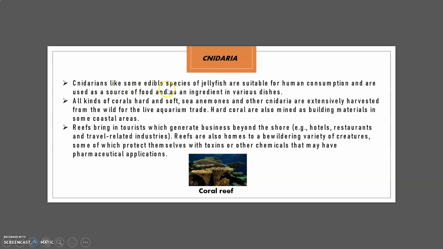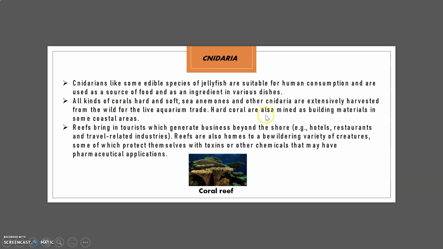Some edible species of jellyfish are suitable for human consumption and are used as a source of food. We can see that humans make Cnidarians, which are jellyfish, into food and use them as an ingredient in various dishes. All kinds of coral, hard and soft, sea animals and other Cnidaria are extensively harvested from the wild for the live aquarium trade.